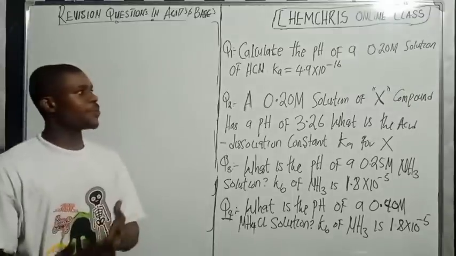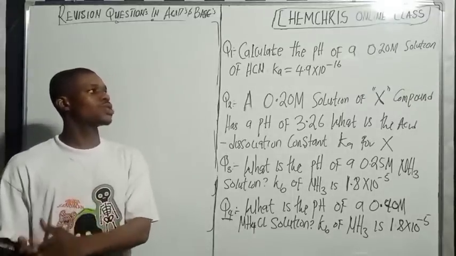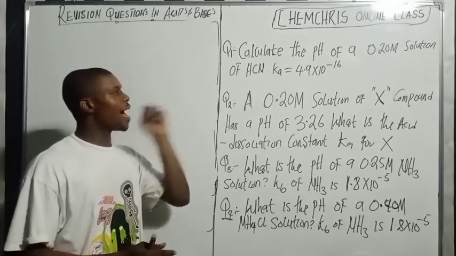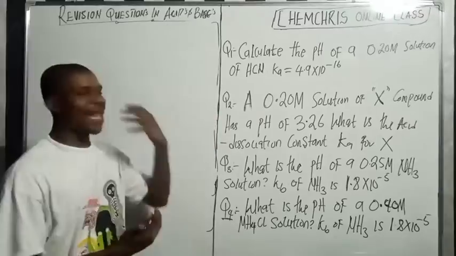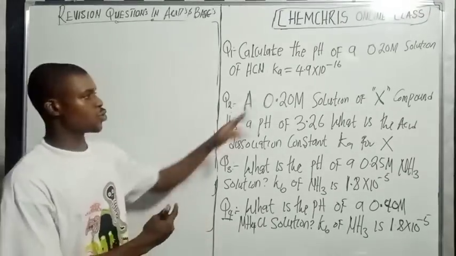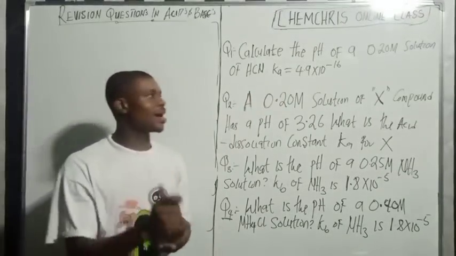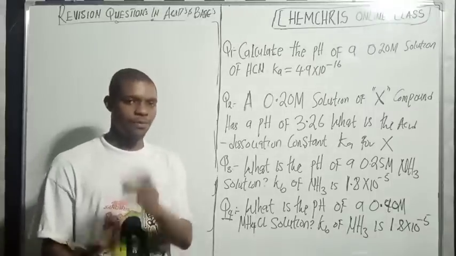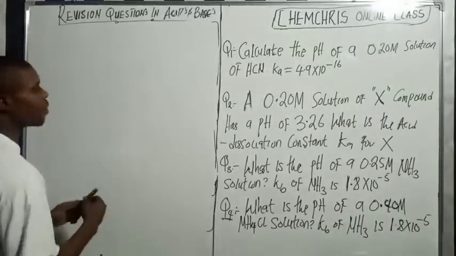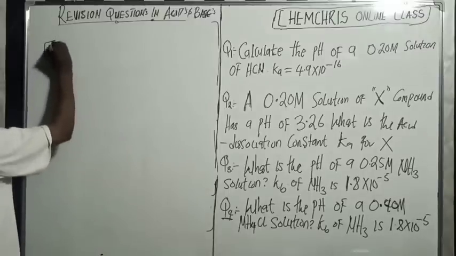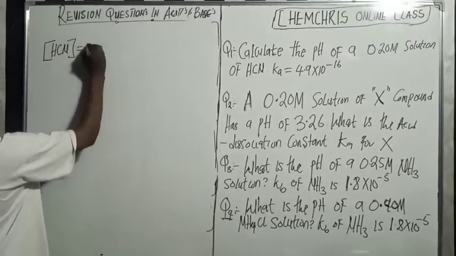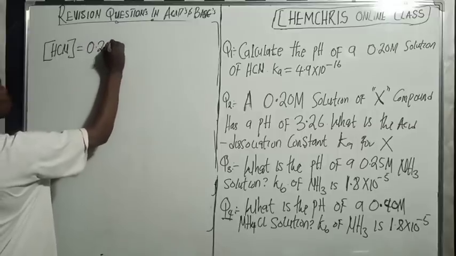Calculate the pH of a 0.20 molarity solution of hydrogen cyanide. Now, hydrogen cyanide is a weak acid. Ka is equal to 4.9 exponential minus 16. So how do we solve this problem? Follow me closely here. The concentration of hydrogen cyanide was given to me to be 0.20 molarity.